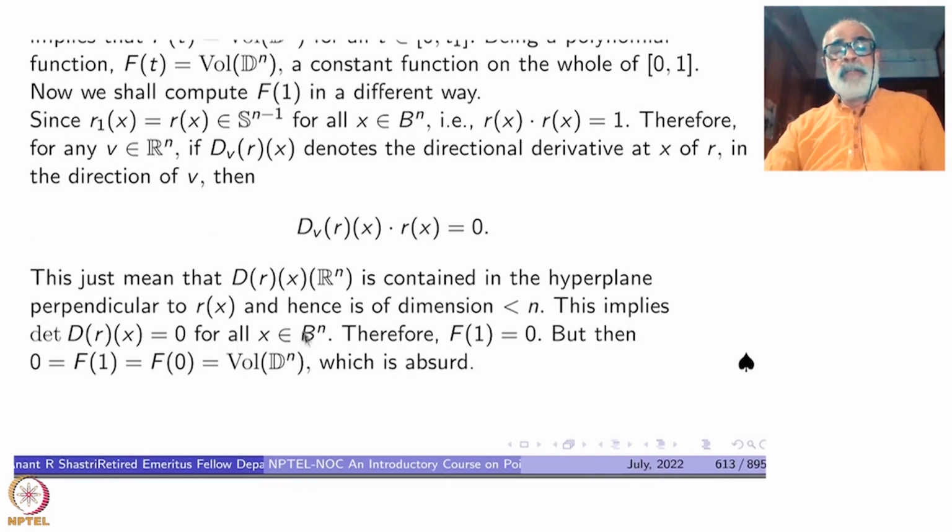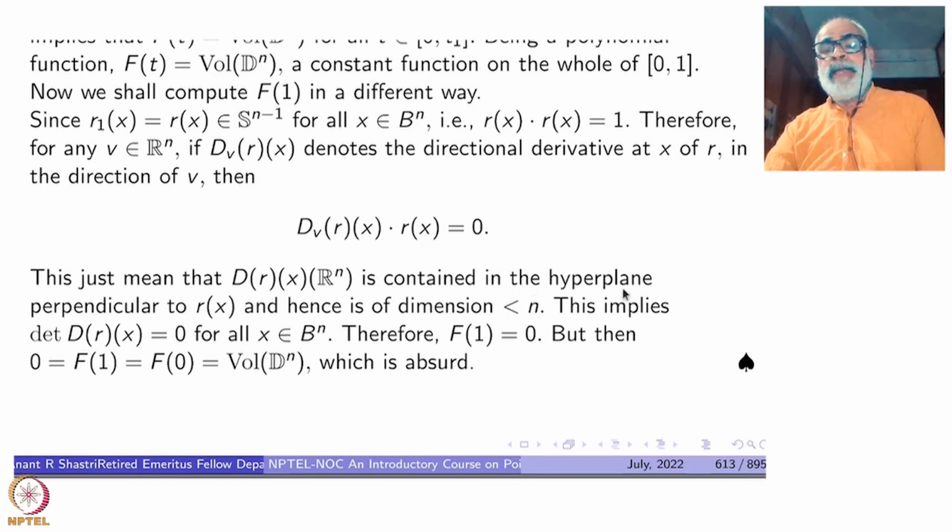Okay, what does this mean? The entire image under this linear map, see, V is a vector, dr of x operating upon V is the directional derivative. So directional derivatives are all perpendicular to Rx. Therefore, this entire linear space is perpendicular to Rx.